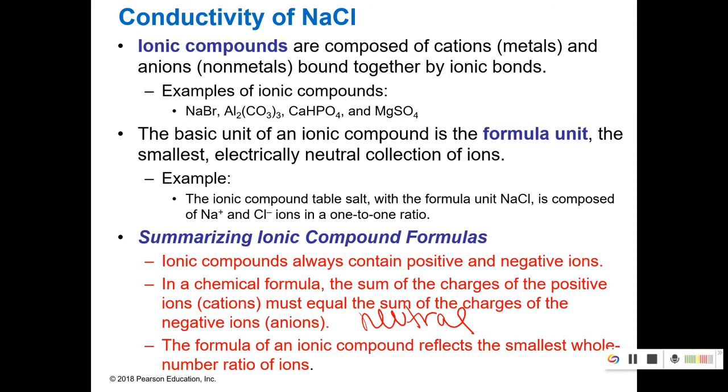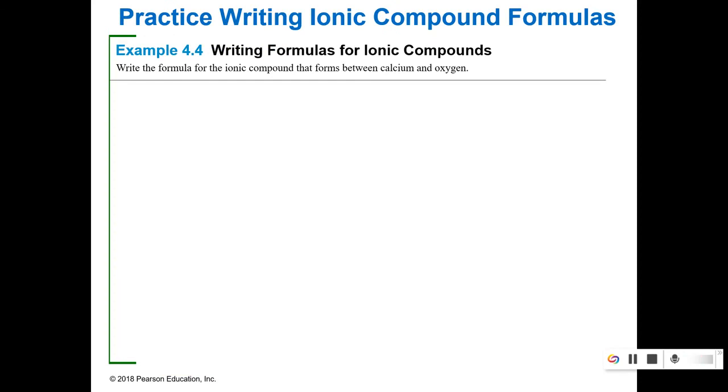Also, the formula for an ionic compound will be the smallest whole number, so if you need to reduce them, you do. And again, the smallest unit of ionic compounds is called a formula unit, not a molecule. I'm not going to count it wrong, but they are specifically called formula units.